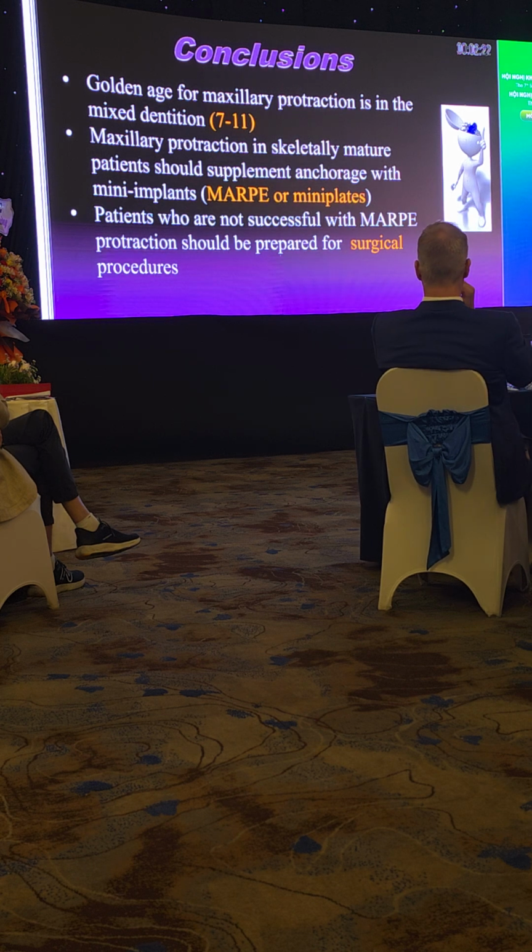That means you still have to put attachments on the primary molars, okay? Remember, if mixed dentition, you put attachments on the primary molars, you have to etch longer, okay? Etch longer, otherwise they will stick, all right?